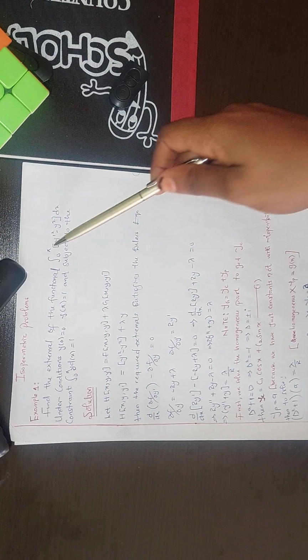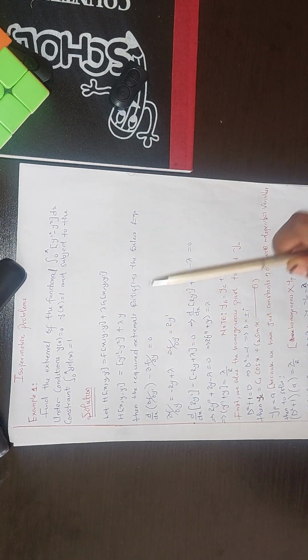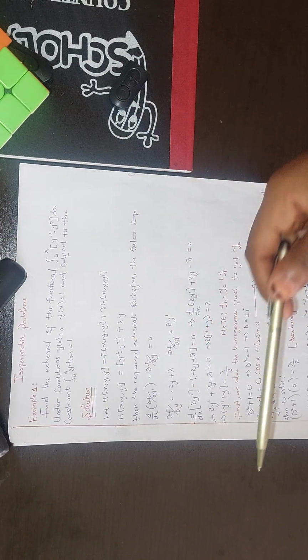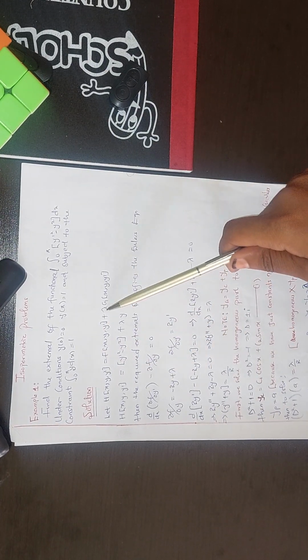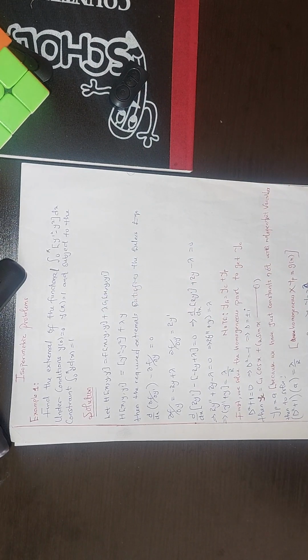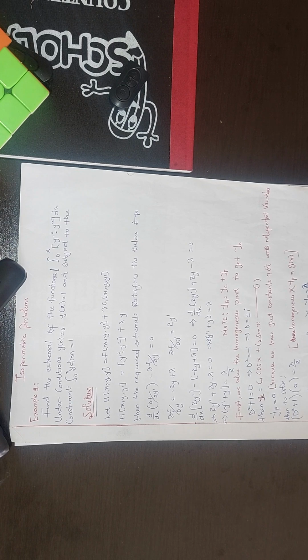So now we have our functional. Then I told you that this is your f, right? Your function f. And I said that you can name your constraint to be g of x comma y prime. Then this lambda is called the Lagrange multiplier.